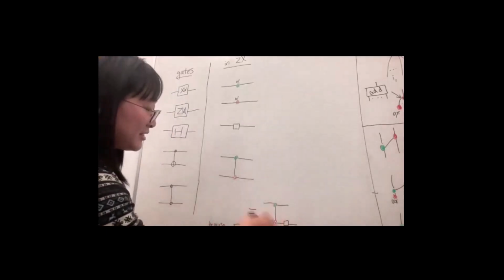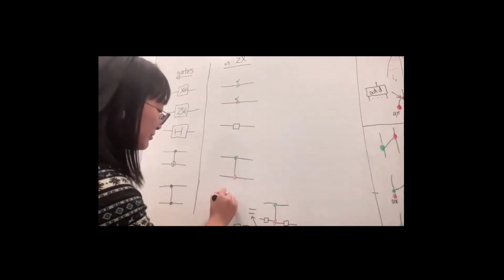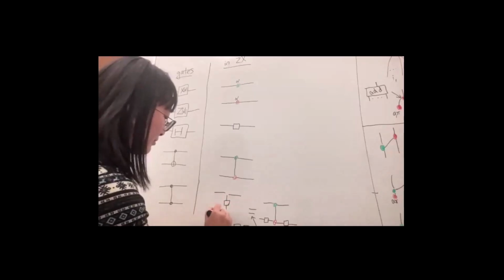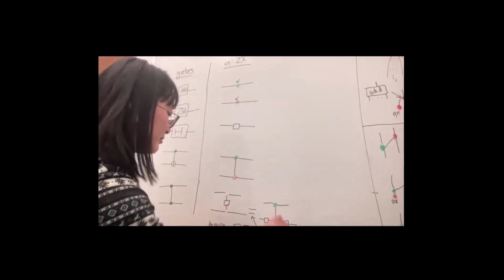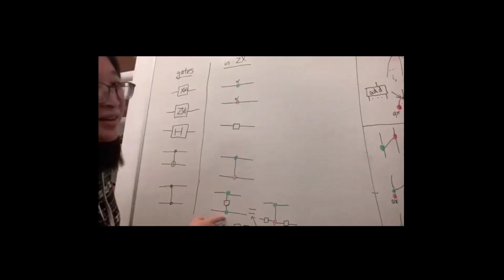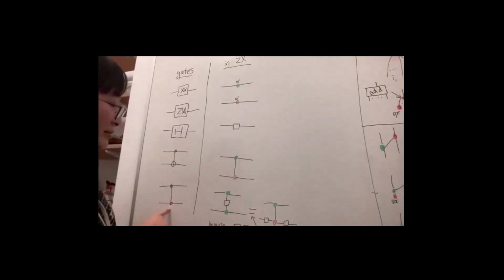So once we color change, we have that this is exactly the ZX calculus diagram for the CZ gate.